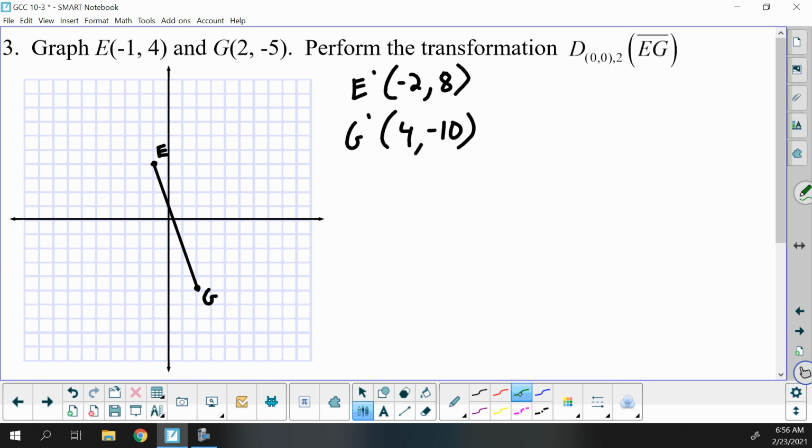And we'll go ahead and plot these now. And use your straight edge to connect them.